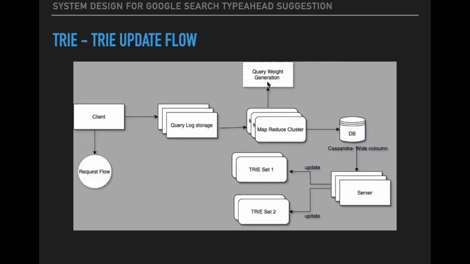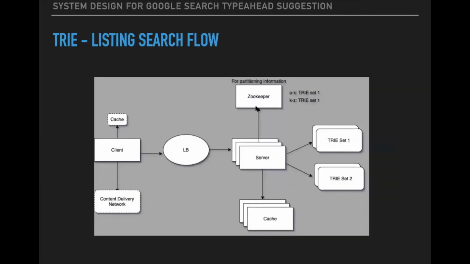This query weight generation will take into account the locale for that query and the locale of you from where you are searching, and it will assign some weight to that. Whenever you query here, it will modulate that weight and give you that result.